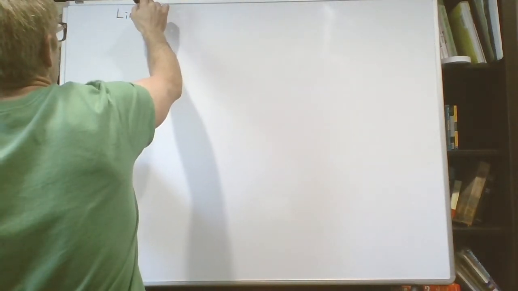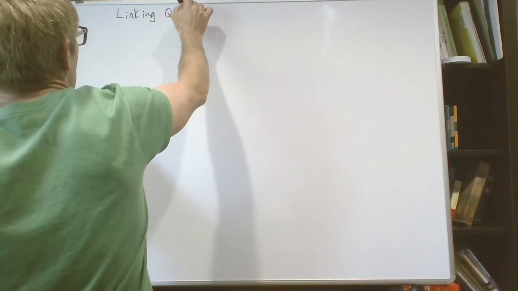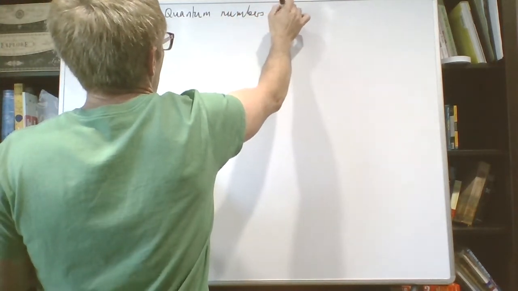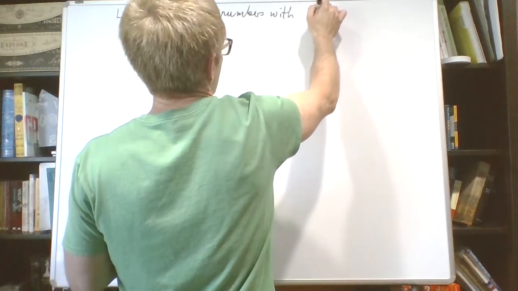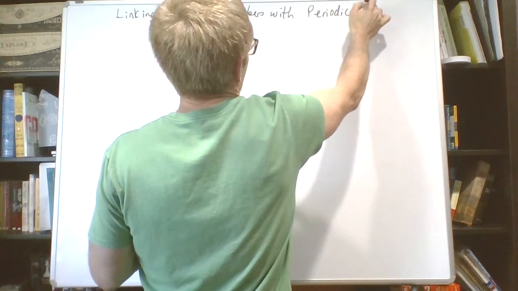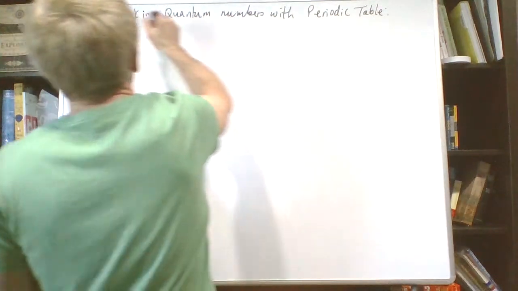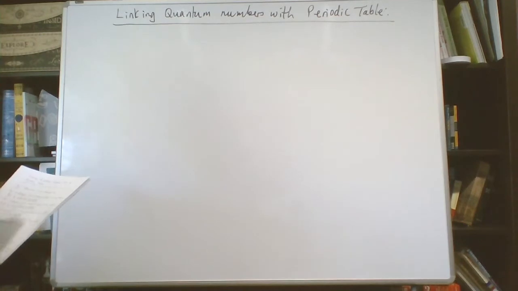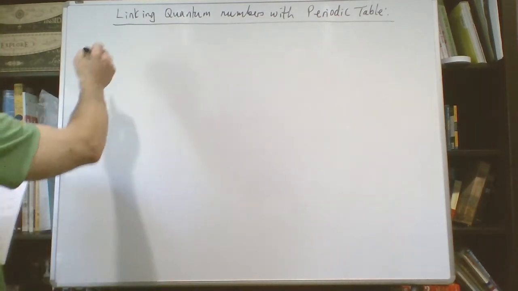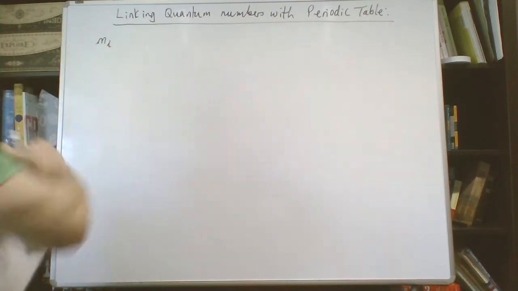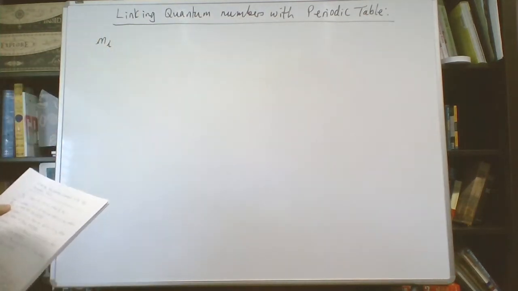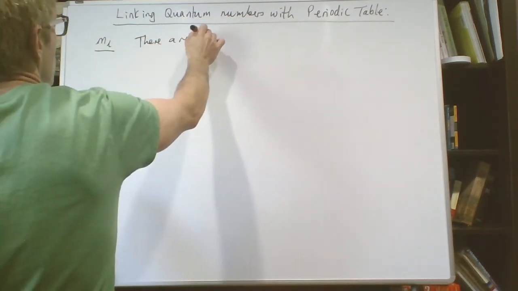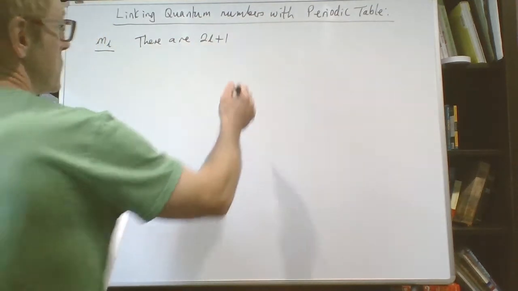So we'll call this linking the quantum numbers with the periodic table. We've said already that for the magnetic quantum number, ml, there are 2l plus 1 values of ml.